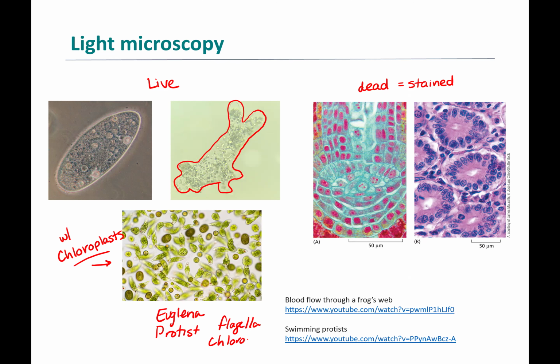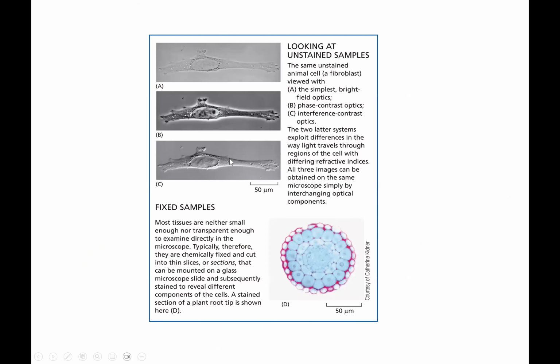a light microscope. Now we can get a bit better resolution by playing with how the light refracts. So this is phase contrast, and this is interference contrast. But we're not going to distinguish those. These are all considered by me just light microscopy.